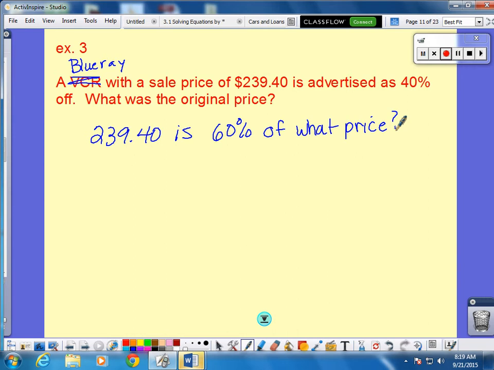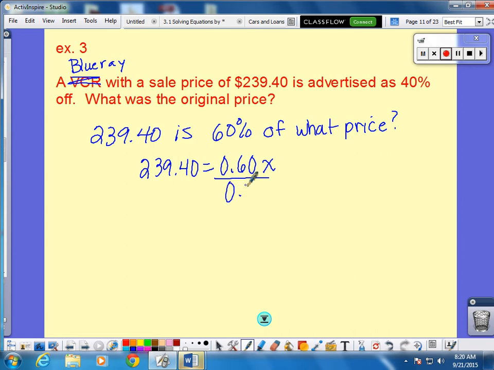What's the fractional equivalent to 60%? 3/5. So I can divide 5 into it, multiply it by 3. So you can do this just while shopping around. All right, so set up the equation. So we would have $239.40 is 0.60, and then of means times x.